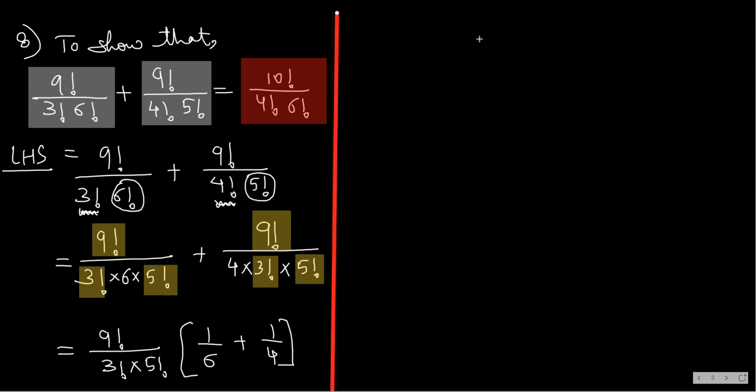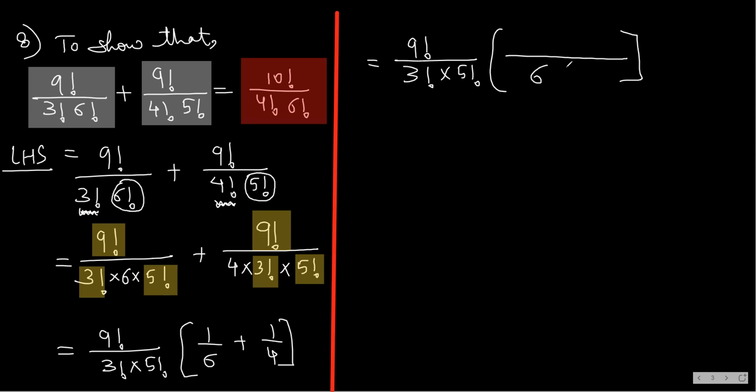So what will you now get here? Therefore 9 factorial, 3 factorial into 5 factorial, and take the LCM in the denominator. So what is LCM here? Write 6 into 4. In fact, it is not LCM, it is just multiplying, the way I am doing. So write 6 into 4, and then cross multiply.